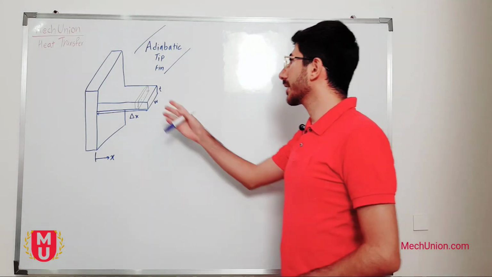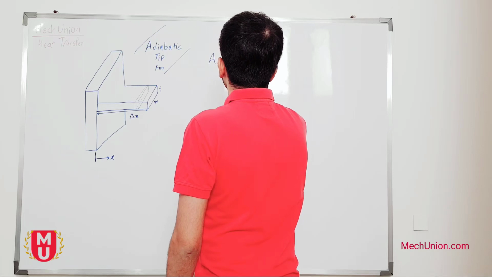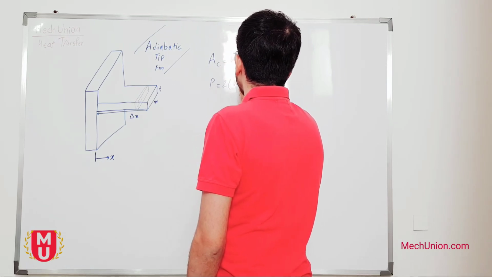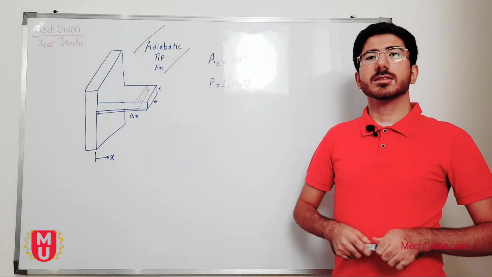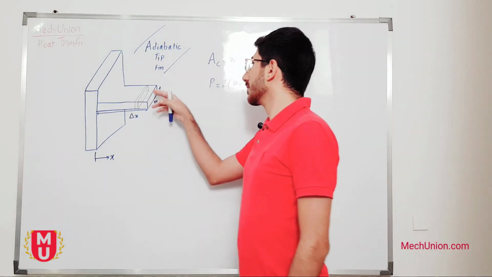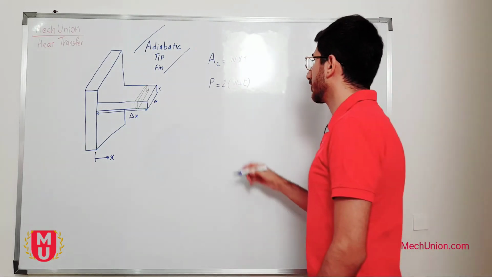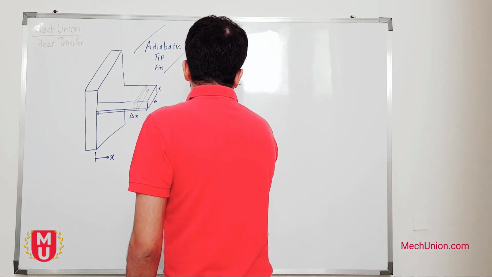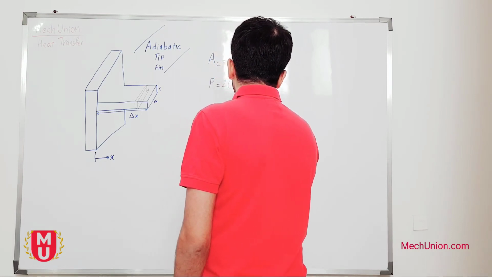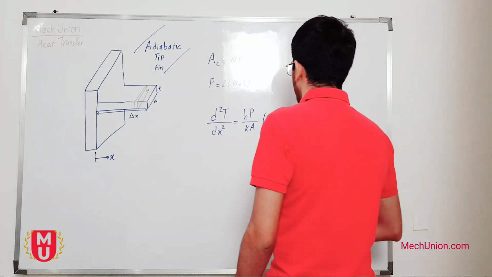Consider a rectangular fin having a cross-sectional area of Ac, which for a rectangle equals W times T, and a perimeter of 2 times W plus T. Under steady conditions, by using energy balance and Fourier's law and assuming constant cross-section and thermal conductivity K, we obtain the differential equation governing heat transfer in fins: d2T over dx2 equals hP over KAc times T minus T infinity, the environment temperature.